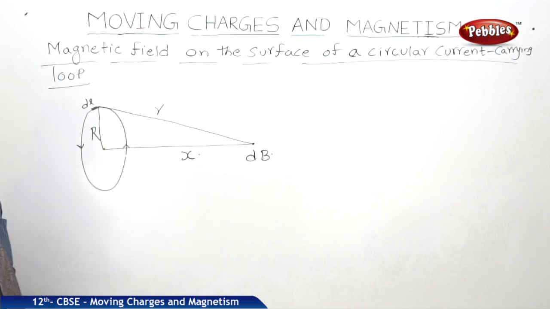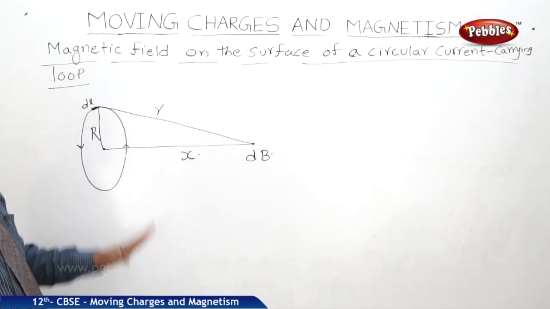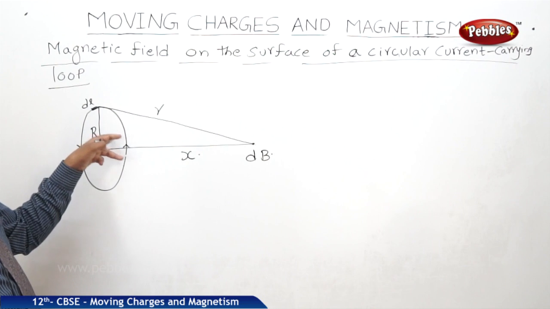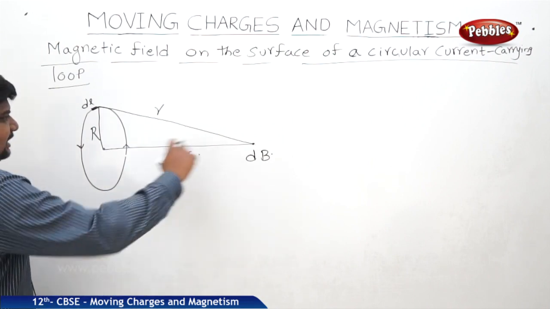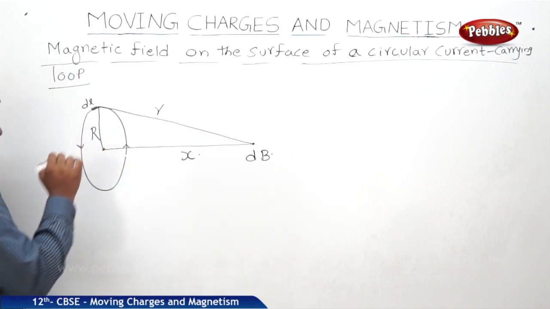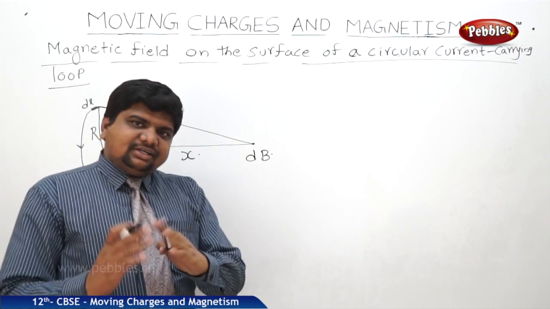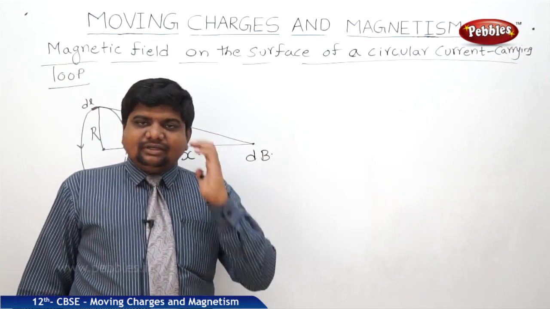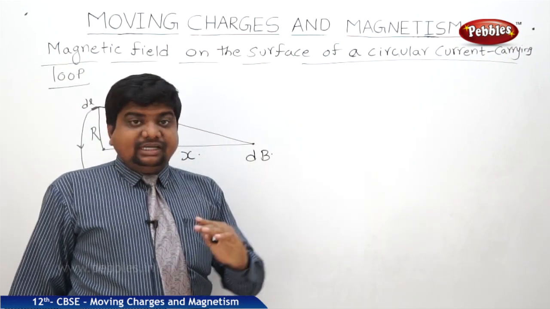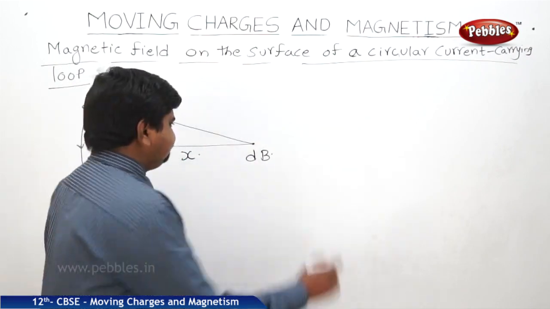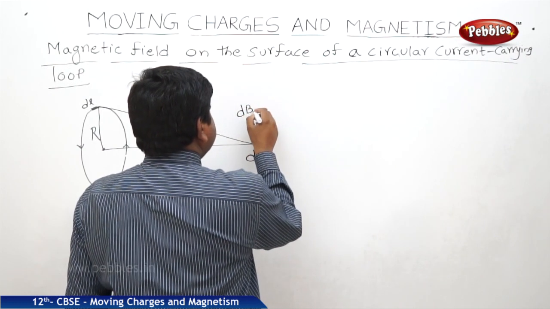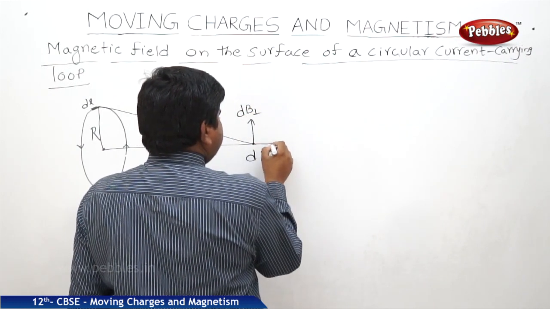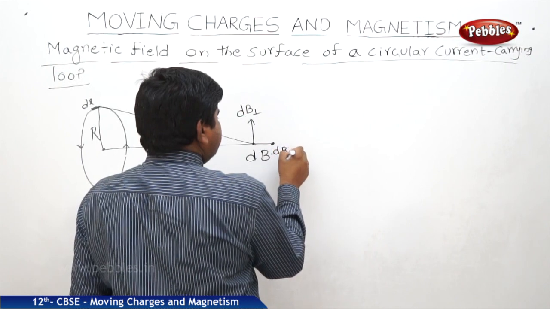So if you apply the Pythagoras theorem, r square is equal to r square plus x square, because r is the hypotenuse, side square plus side square. So dB, the field, is divided into two parts: dB perpendicular and dB parallel, that is dBx and dBy.